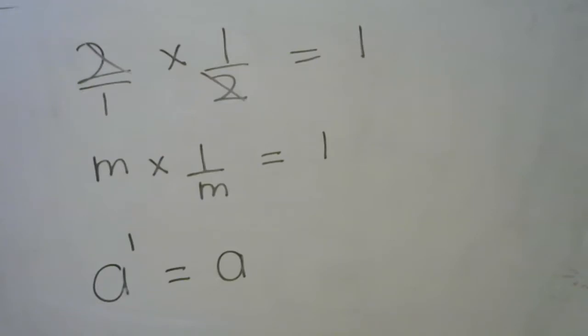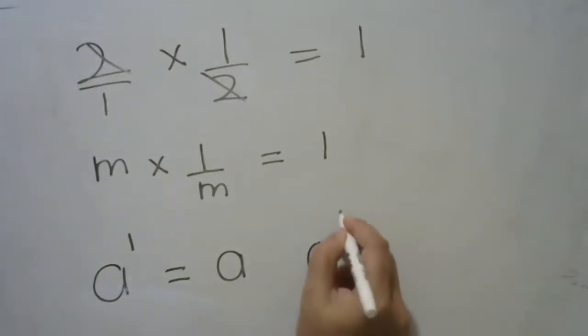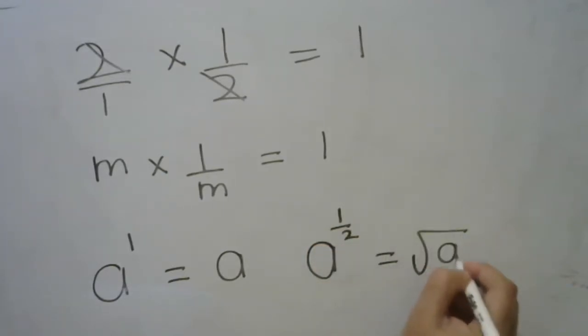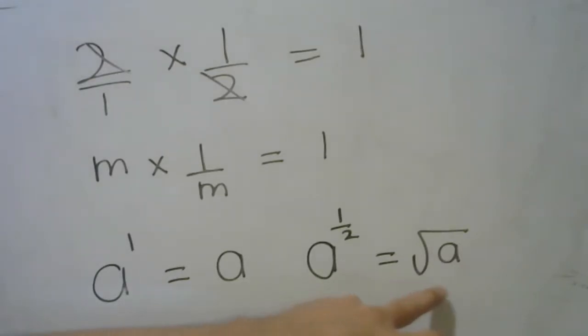Now, one more idea. A to the half is the same as the square root of a. So, if you think about this a little, we'll be able to get the concept about how to solve for x squared and y squared and stuff like that.